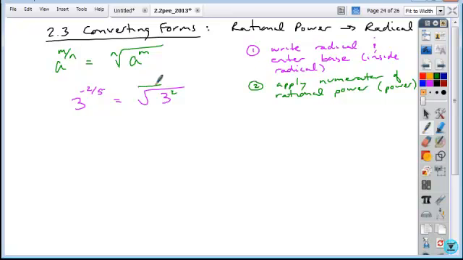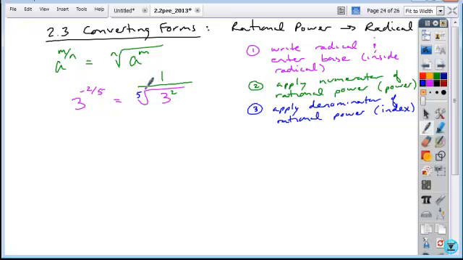It's in the denominator, so I'm going to write this as a fraction where that base is in the denominator. And then your final step here would be to apply the index, which is the denominator. Okay, so our index was this denominator 5, and so we're going to write that as our index.